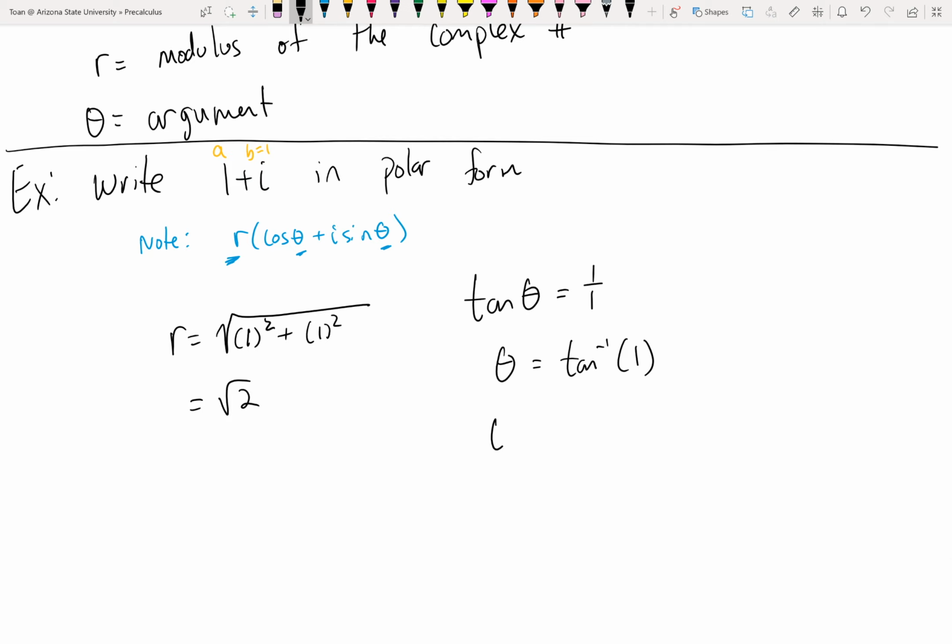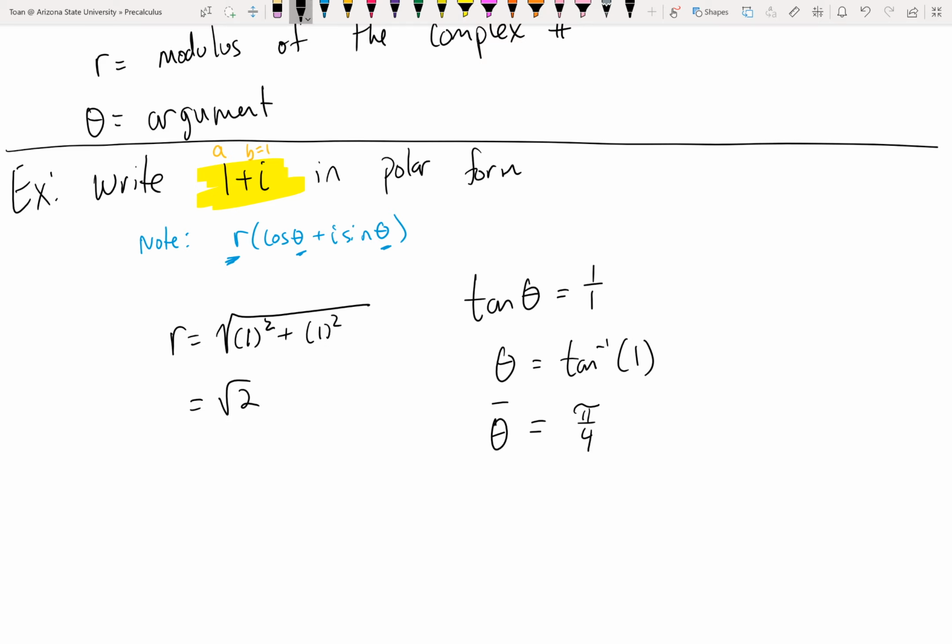Now remember, when you take an inverse trig function, you always have to be mindful of what quadrant you're in. So any answer I initially get, I'm going to consider as my reference angle. So what angle has a tangent value of 1? Oh, I know that's going to be 45 degrees, pi fourths. Take a look at your original complex number. This is a positive 1 plus positive i, positive a, positive b.